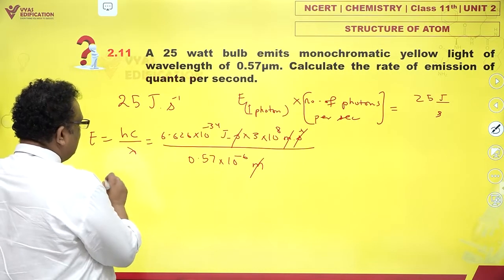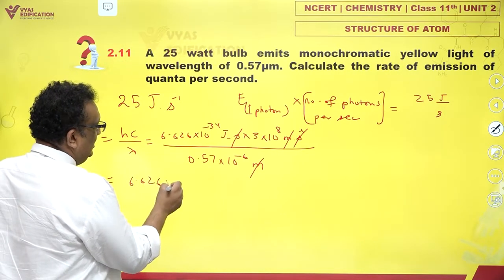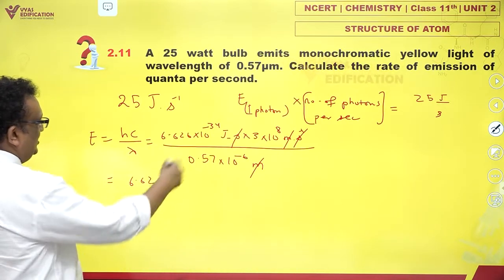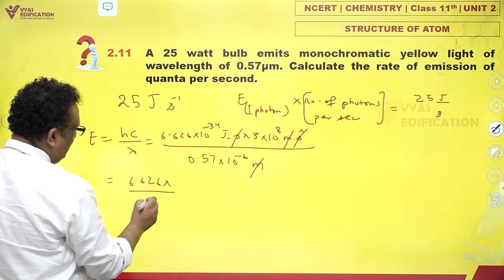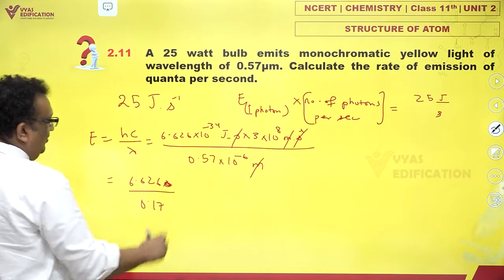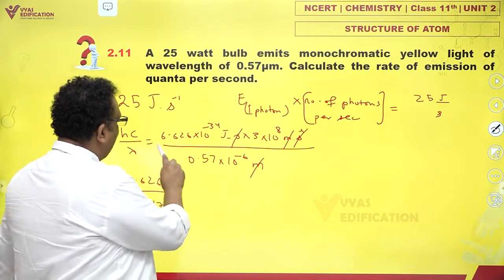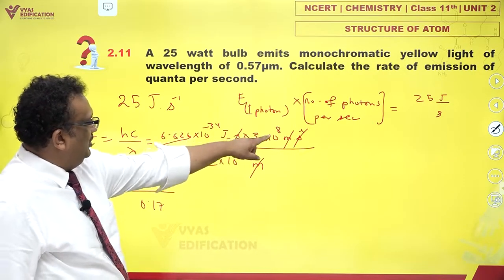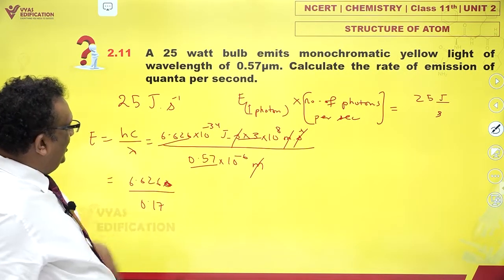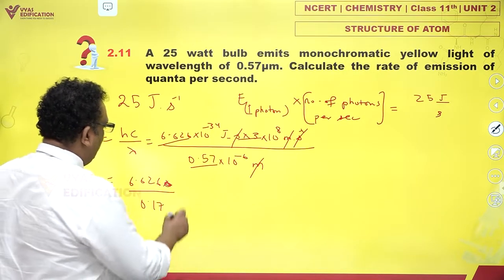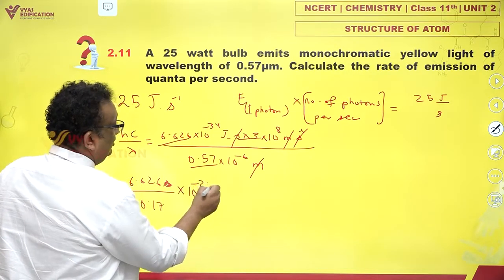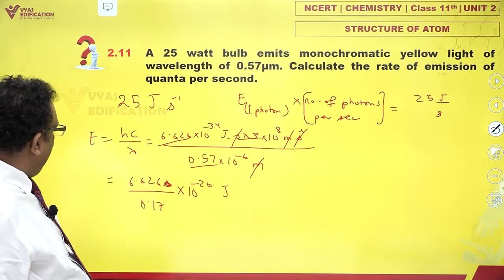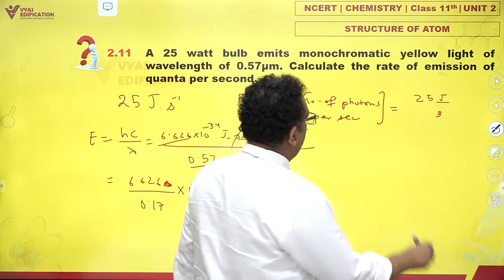This is 6.626 into, now 19 3s are 57, so let me cancel out a few things. It is divided by 0.19. This is 10 to the 14 and 10 to the minus 34. That makes it 10 to the minus 20 joules. Pretty interesting.